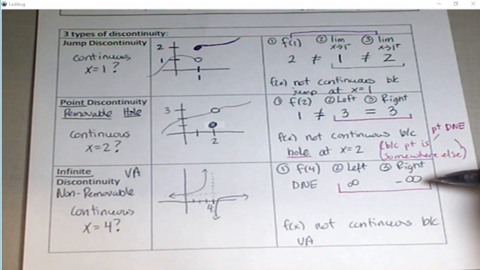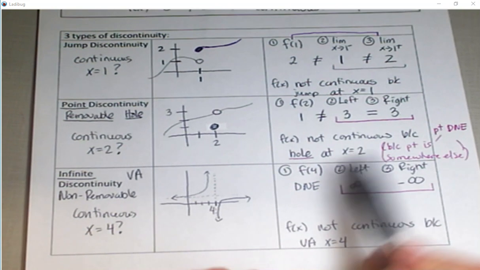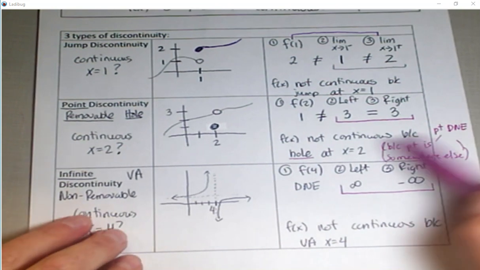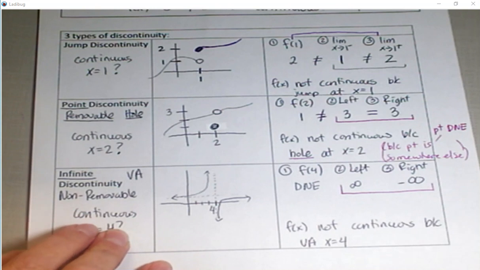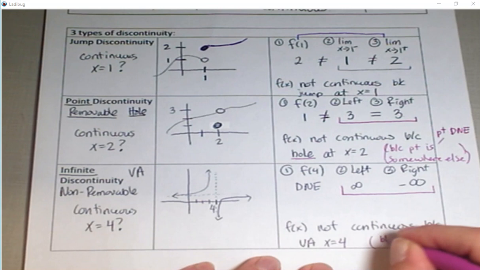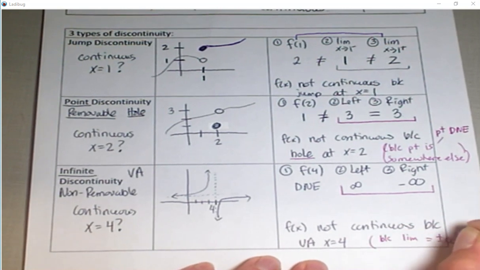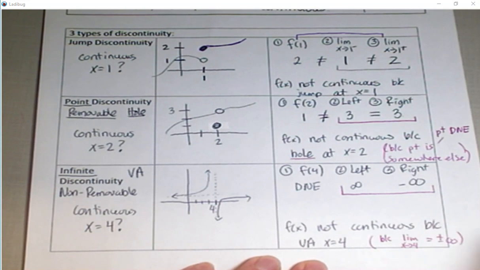Because you already learned that with infinity as the answer to the limit, it's a vertical asymptote. That came from comparing these two parts right here, because the limit was equal to positive or negative infinity.